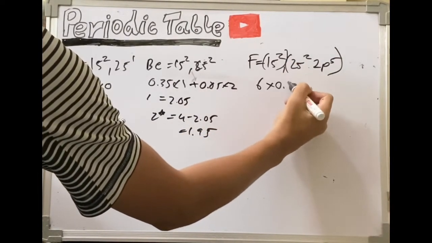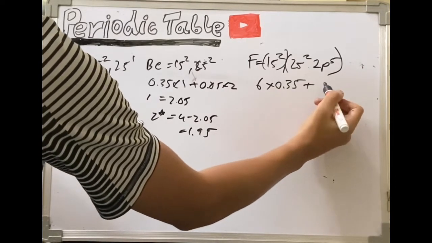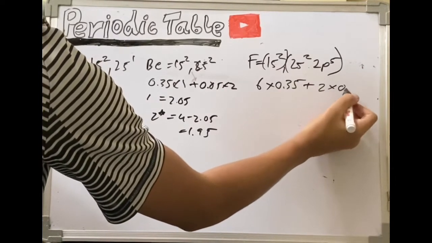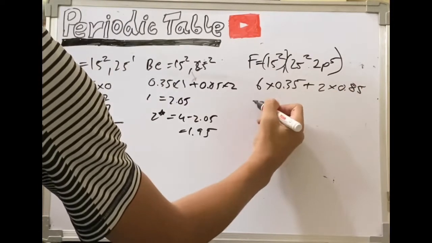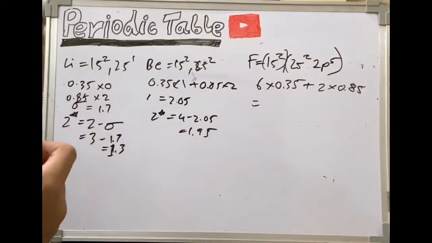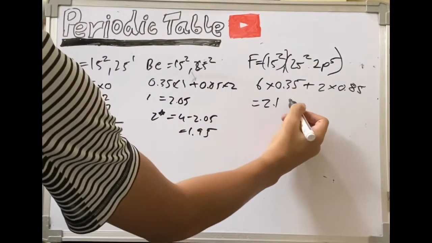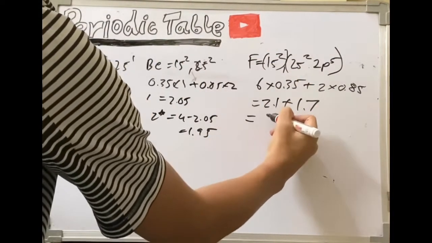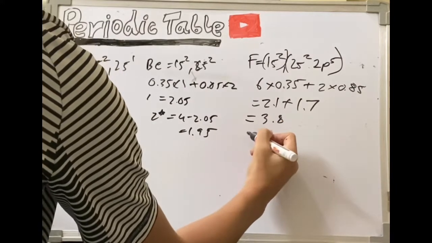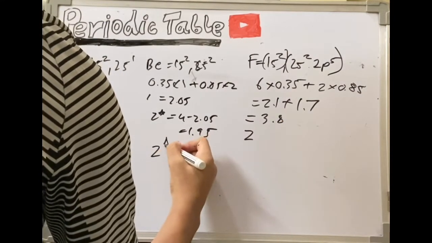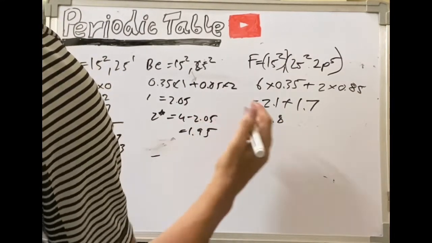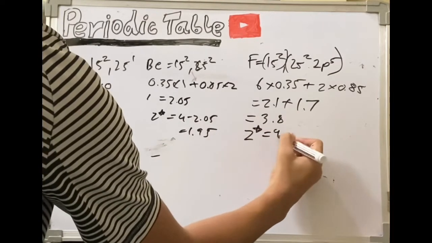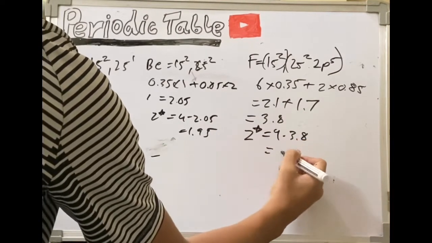So 6 into 0.35 plus 2 into 0.85. Now this will be equal to 2.1 plus 1.7, that will be equal to 3.8. So Z effective we have written it over here. The Z effective will be 9 minus 3.8, that will be equal to 5.2.